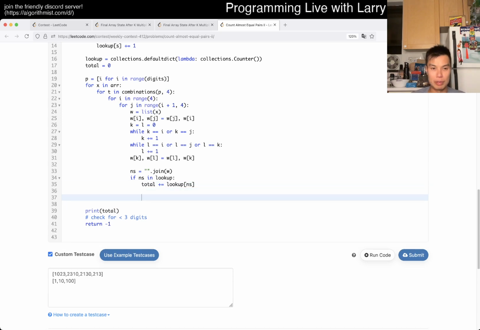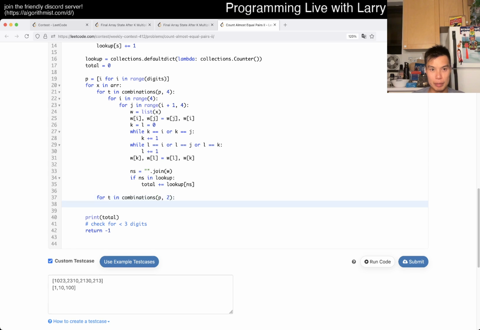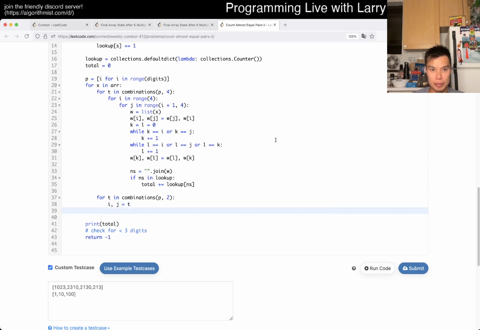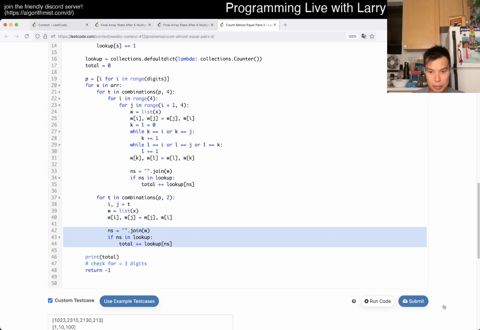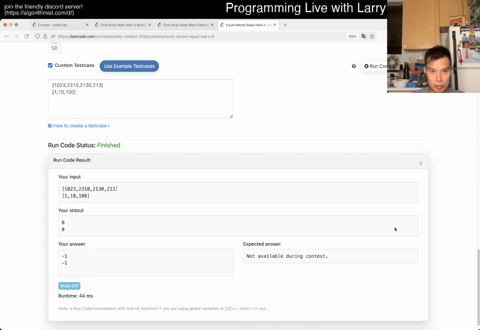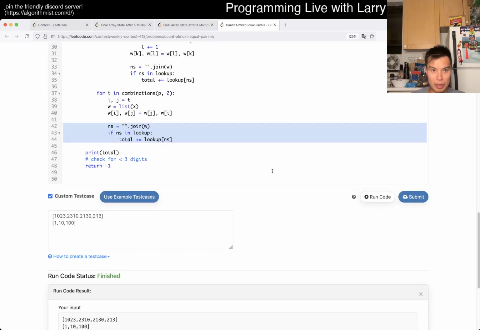Okay, and then now we have 3 things. Let's do the 2 things first, because I think really? Oh, I don't increment.